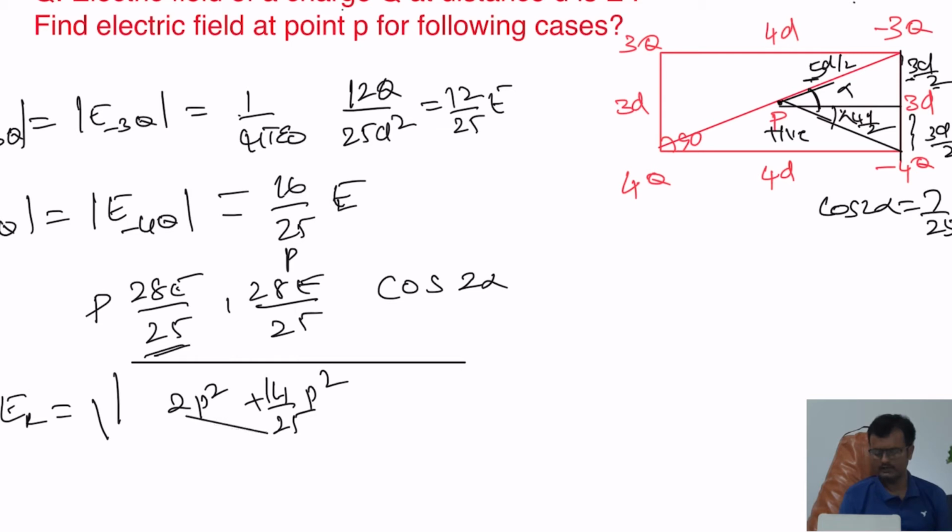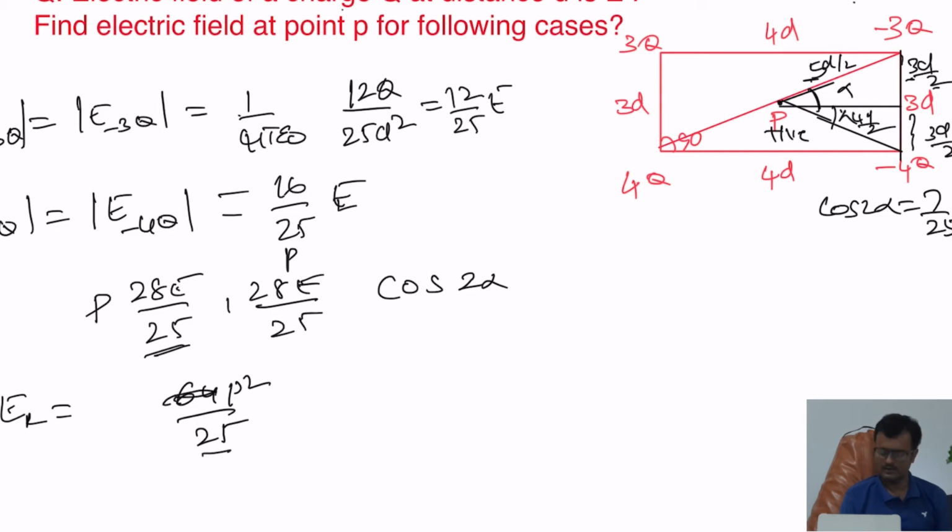See here, 25 into 2, 50P², 50P² plus 14P², that is 64P² by 25. Root 64, 8, root P² is P, root 25 is 5.